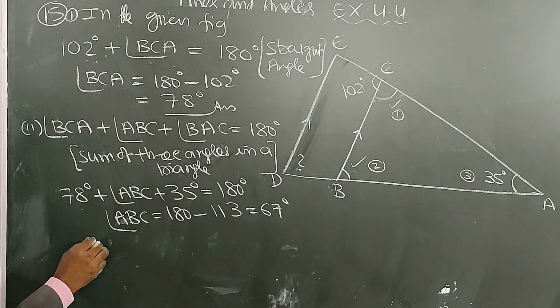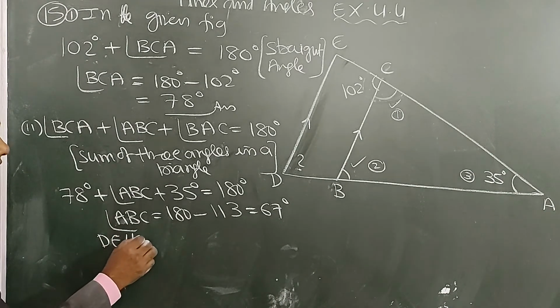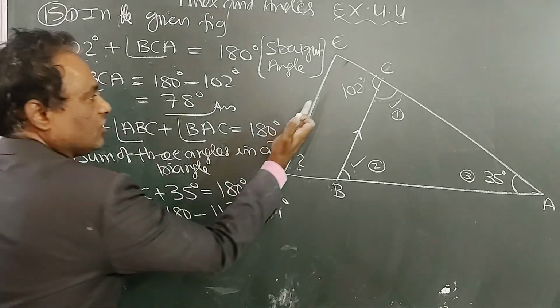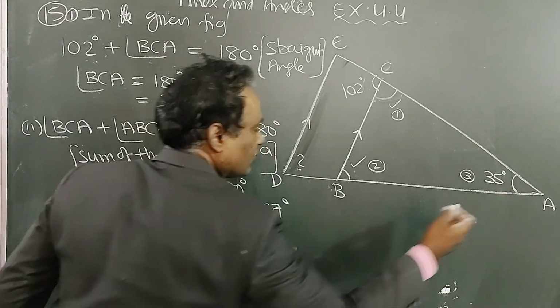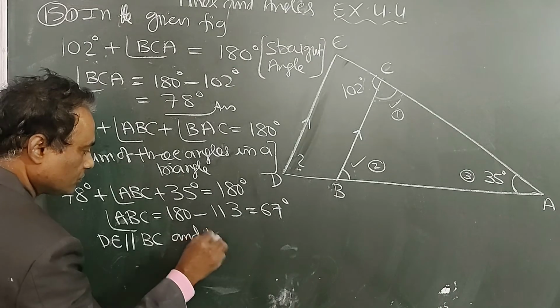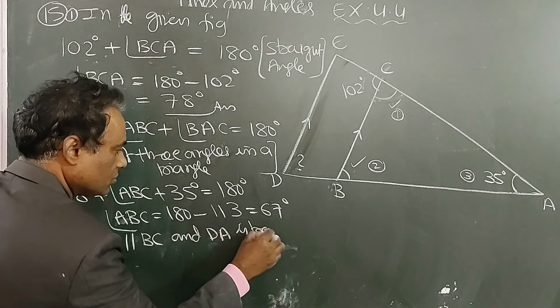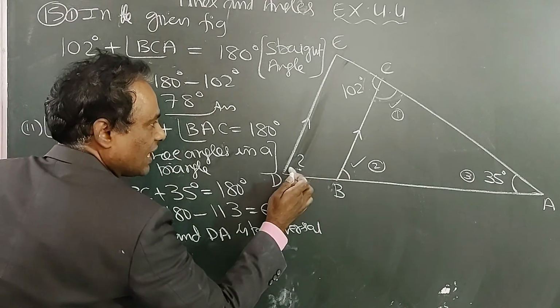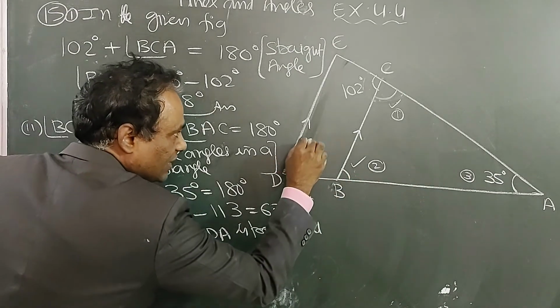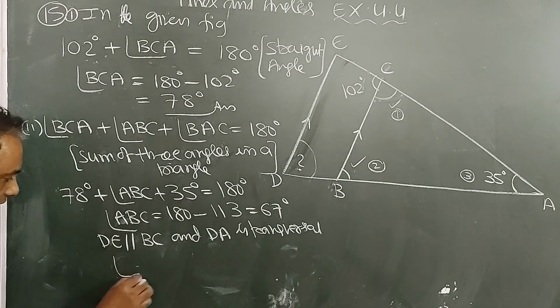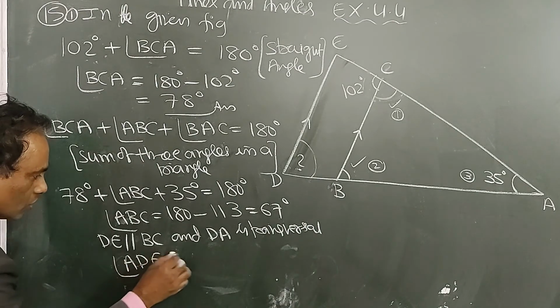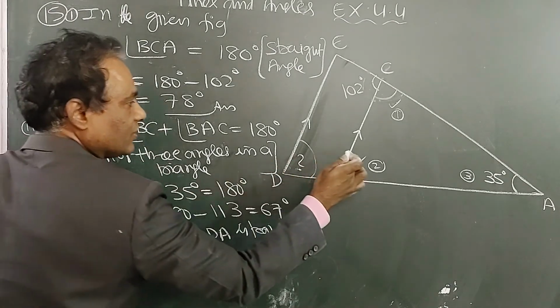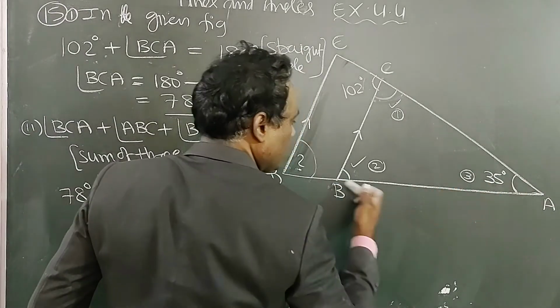See here. DE is parallel to BC. These two are parallel. DA is a transversal. So angle ADE is equal to this angle ABC.